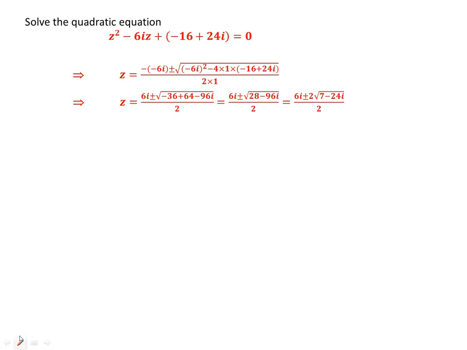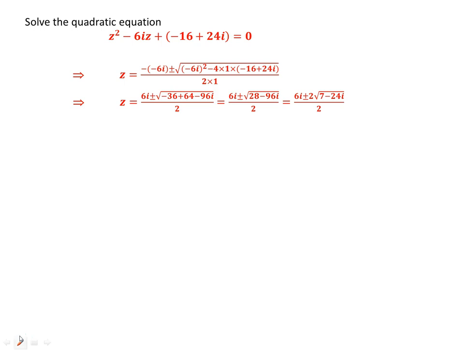And minus 4 times 1 times 24i is going to be minus 96i. And that's all divided by 2. Now the bit inside the square root simplifies down to 28 minus 96i.